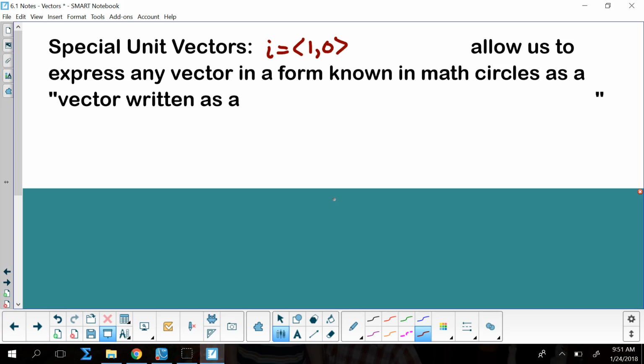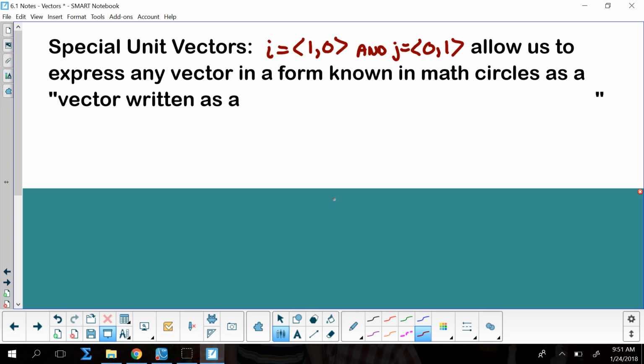Magnitude is 1. And j, which is 0, 1. Again, a unit vector. It's got a magnitude of 1.